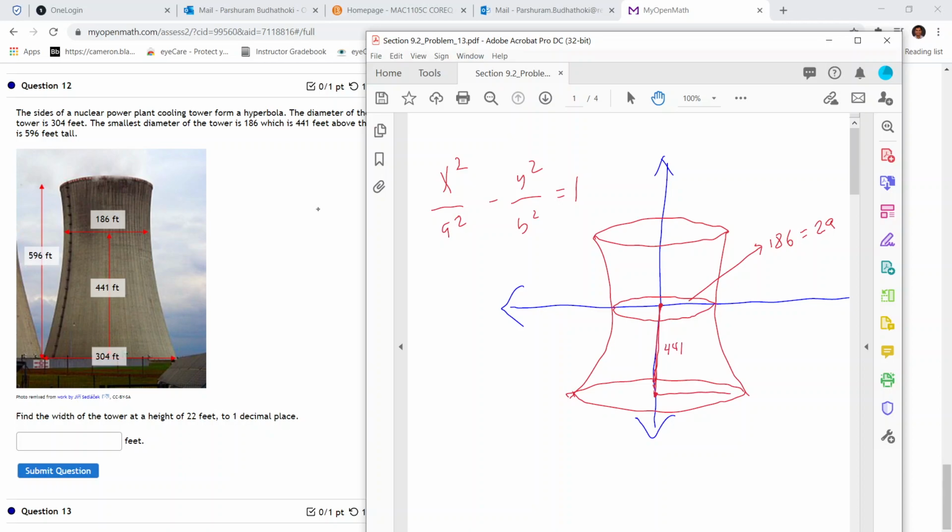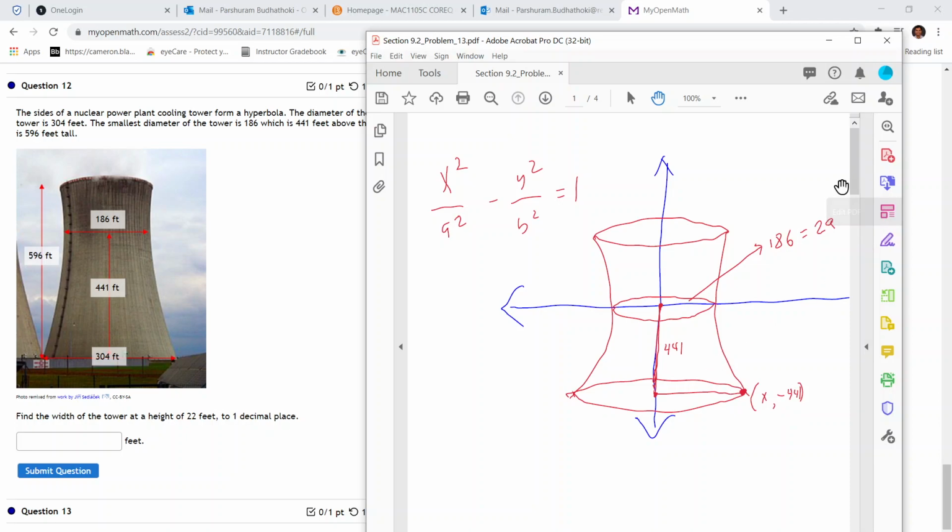If you try to find the point on the hyperbola itself, we need to find the x coordinate, and the y coordinate is 441 down, so it's negative 441. And for the x coordinate, how do you find it?